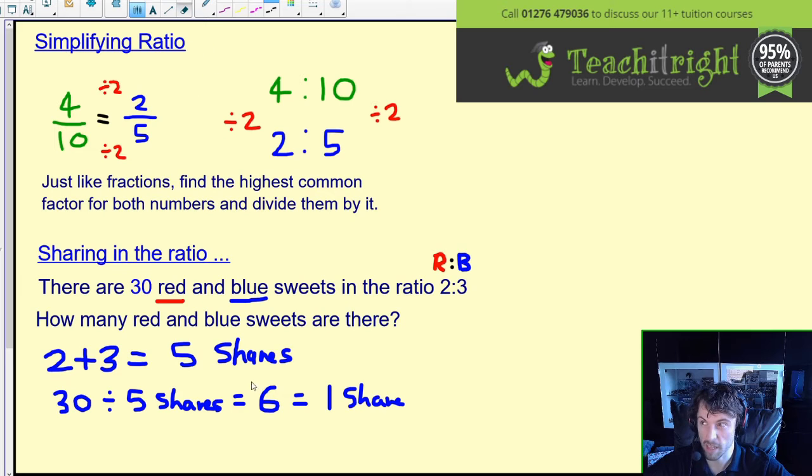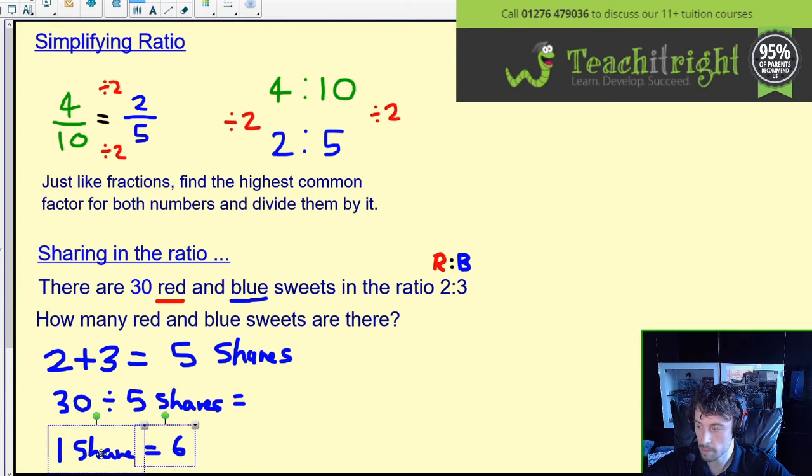In fact, probably the way I would set it out is I would say something like 1 share equals 6. What that means is, if I know 1 share's worth, I can work out any number of shares. So if I needed to work out the total, I would go back and do 6 times 5.